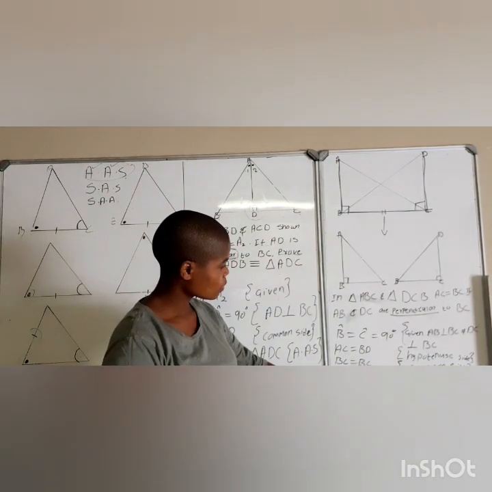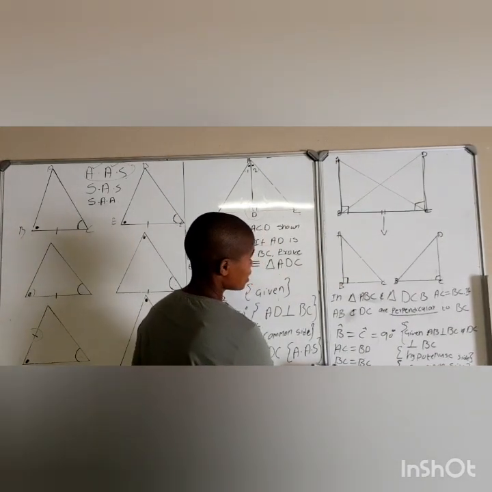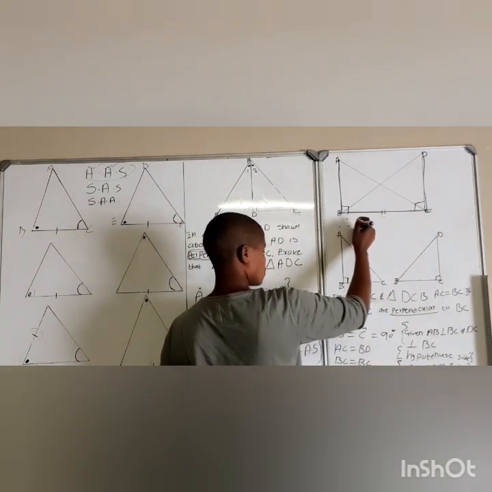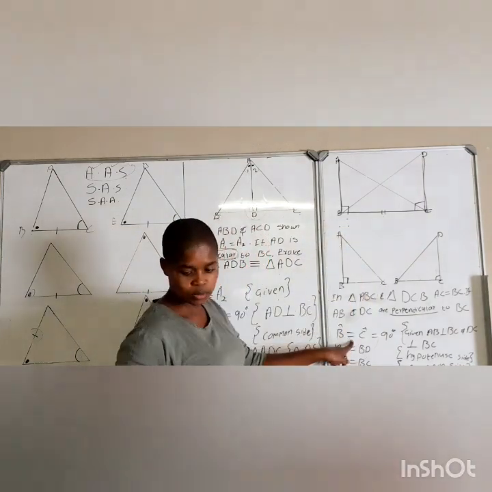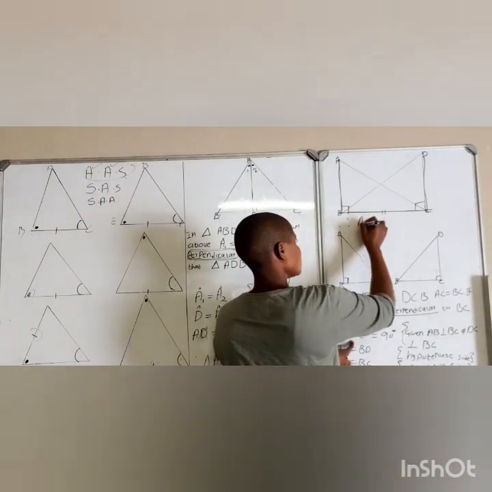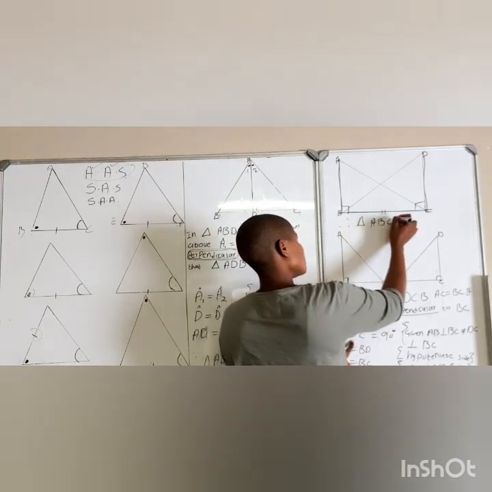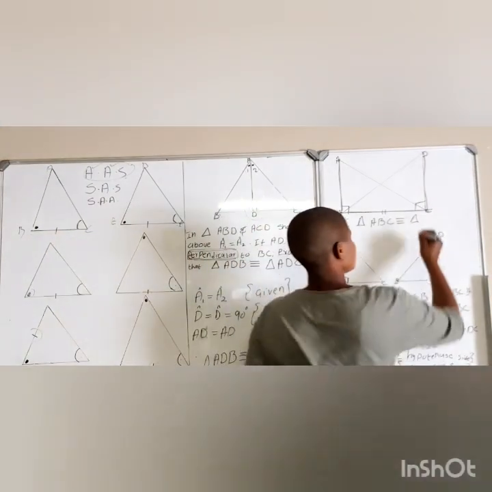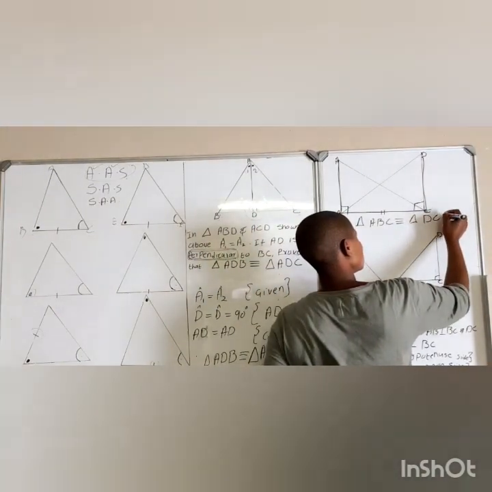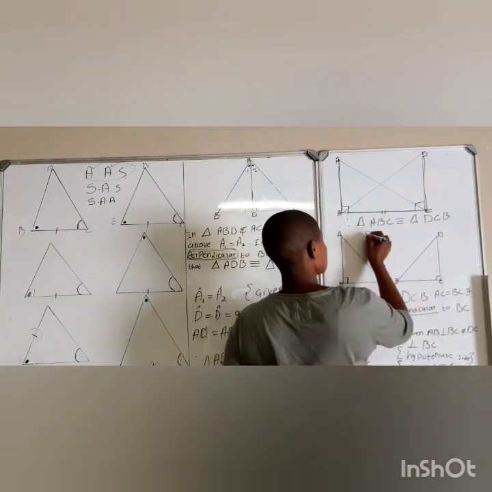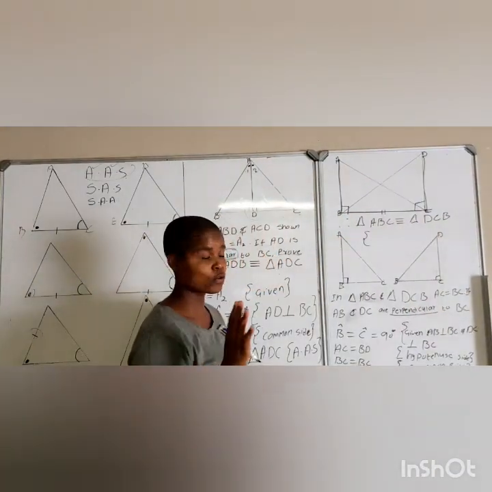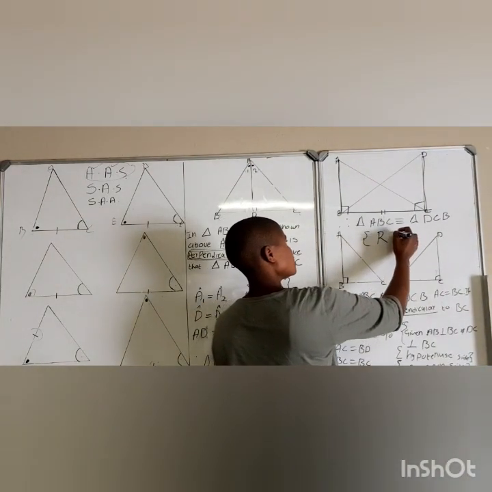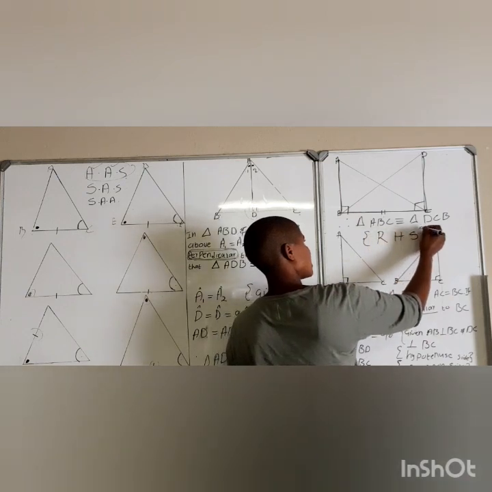So now I'm going to conclude. I don't have space here, so allow me to conclude here. So I'm just going to say, therefore, triangle ABC is congruent to triangle DCB. So now, boys and girls, we are using another condition, which says right angle, hypotenuse, side.